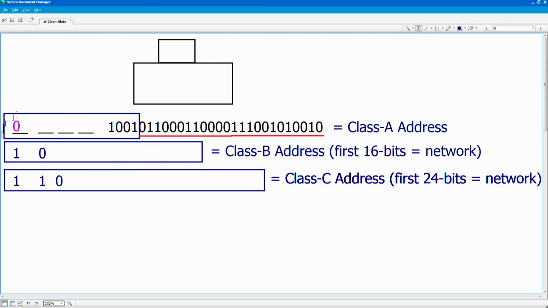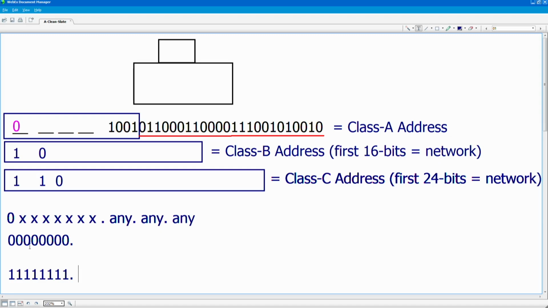And so you can see here, if I've got a Class A network that starts out with 0, so if I've got 0, 1, 2, 3, 4, 5, 6, 7, dot anything, well, we know that this number is reserved. Can't start out any network with all zeros. And we also know that this number is reserved. Can't start out any network with that.